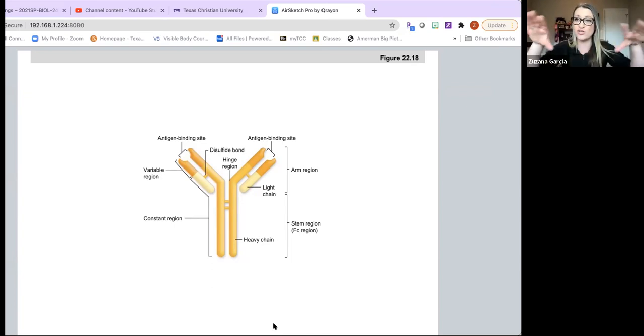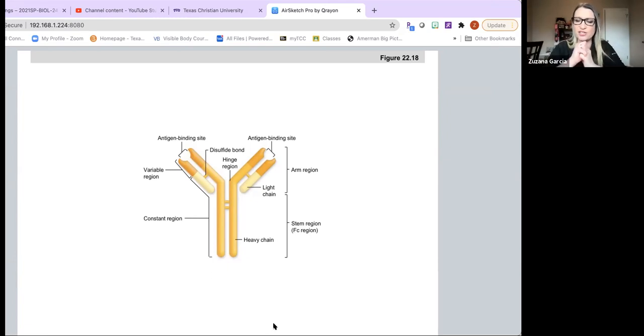There's a hinge region, that's the bend in that antibody. It's held together by disulfide bonds, but the antibody is a protein. Normally protein shapes are held together by disulfide bonds, so that's nothing really special there. And at the end of the variable region is where you have that antigen binding site.